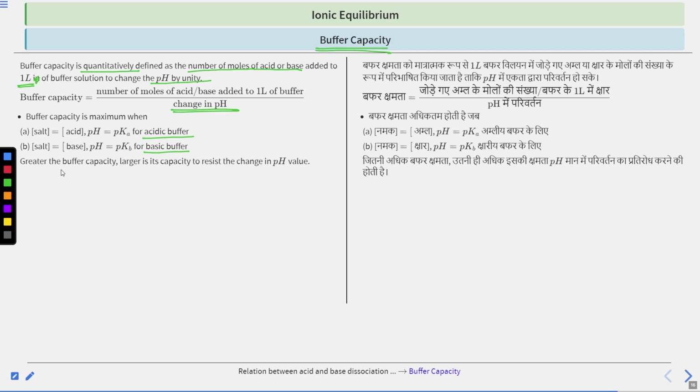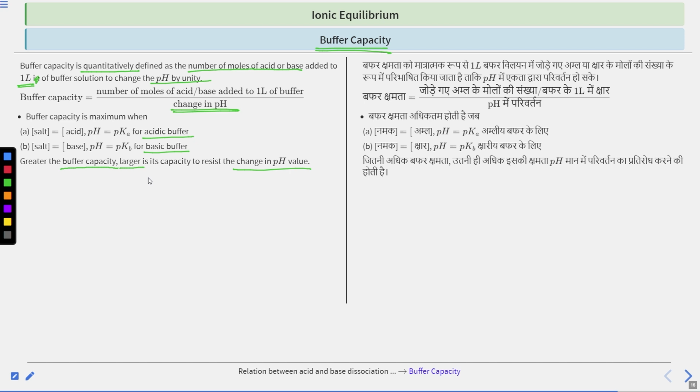Now, greater the buffer capacity, larger is its capacity to resist the change in the pH value. That is the buffer capacity, right? Because a buffer solution is a solution which resists the change of the pH. It maintains the pH at a constant value, whether we are adding a small amount of acid or a base to it.